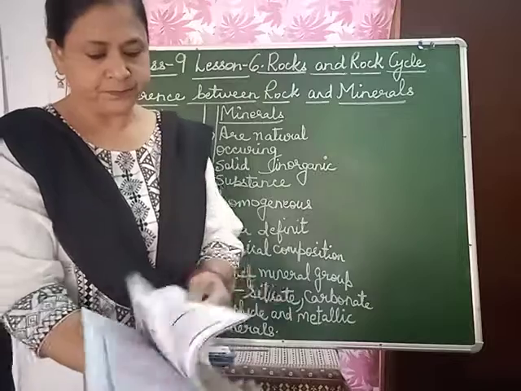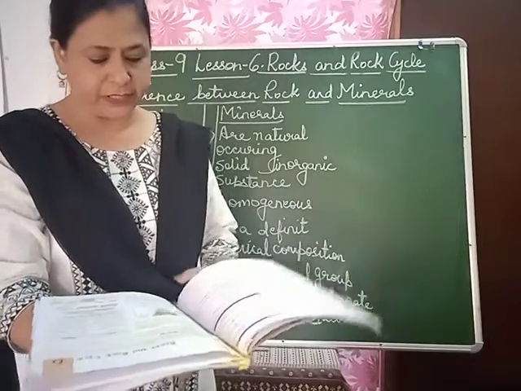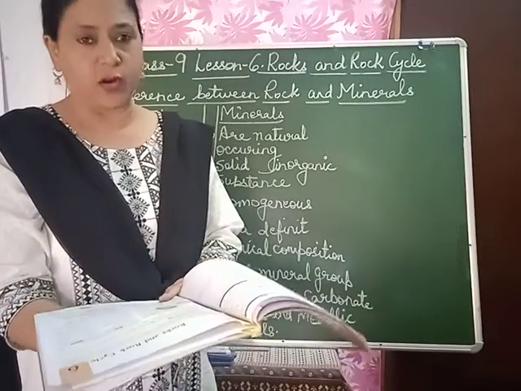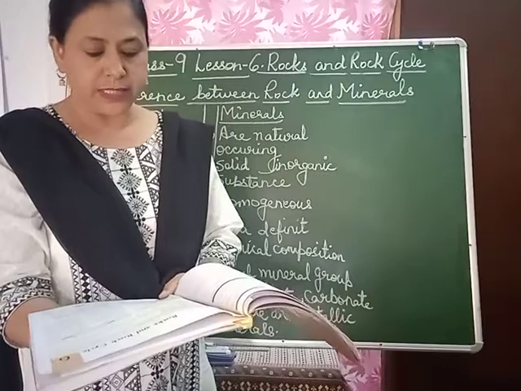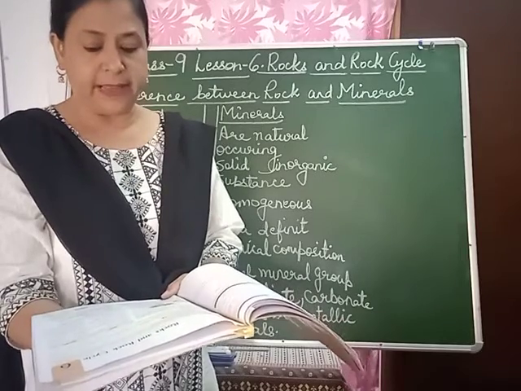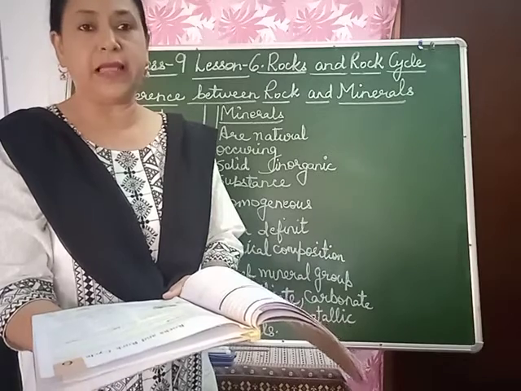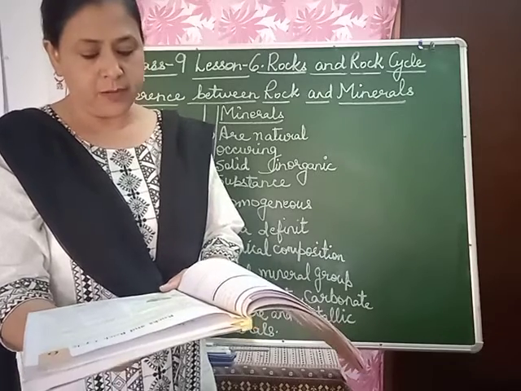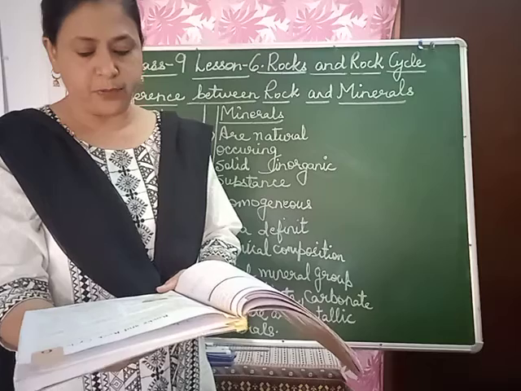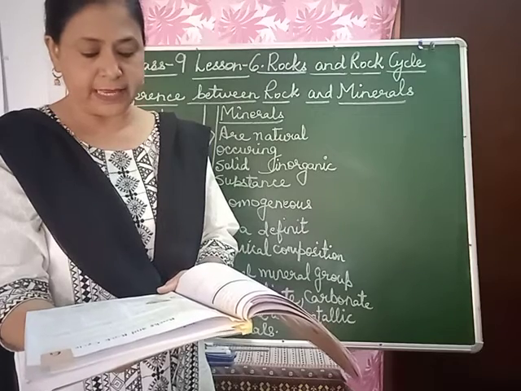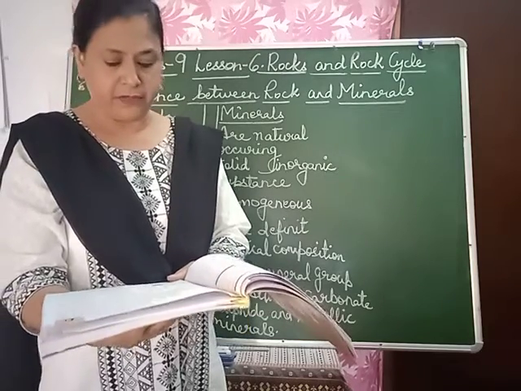Let's continue reading on page 53. Difference between rocks and minerals. Rocks are not composed of a single element or a mineral. They are often composed of mixtures of various elements or several minerals.